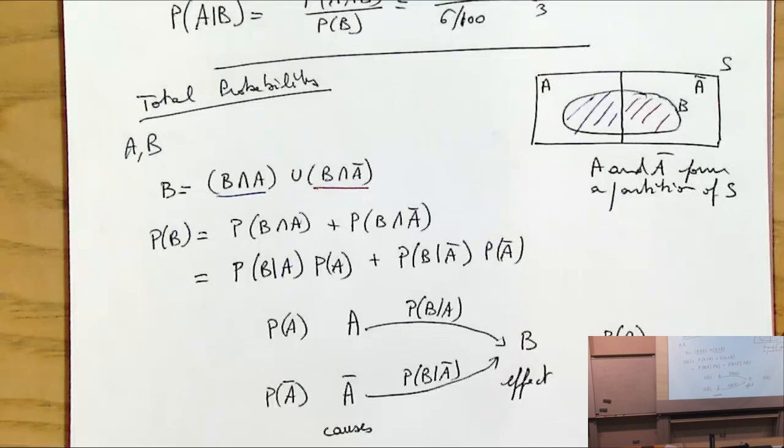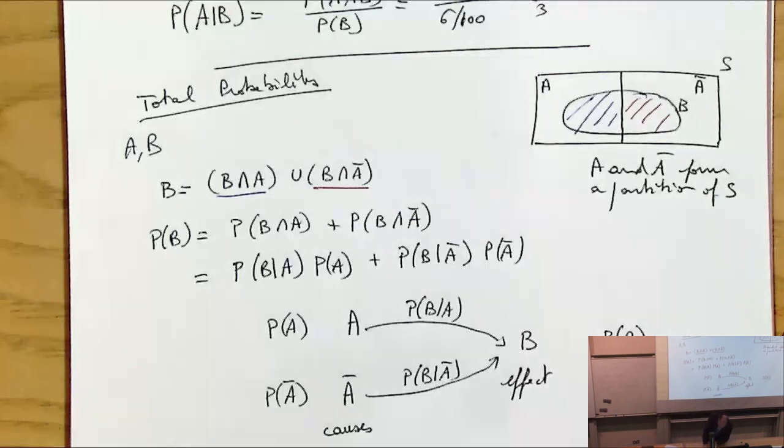But B can occur also because not A may occur, and then if not A occurs, then you have a conditional probability of B occurring, right? We're not saying that anything has occurred here yet. We're just saying that the probability of an event occurring is related to the conditional probability and also to the cause occurring, right?